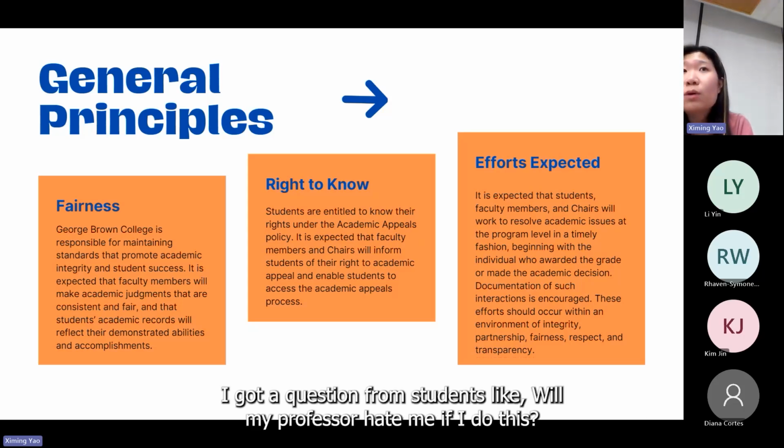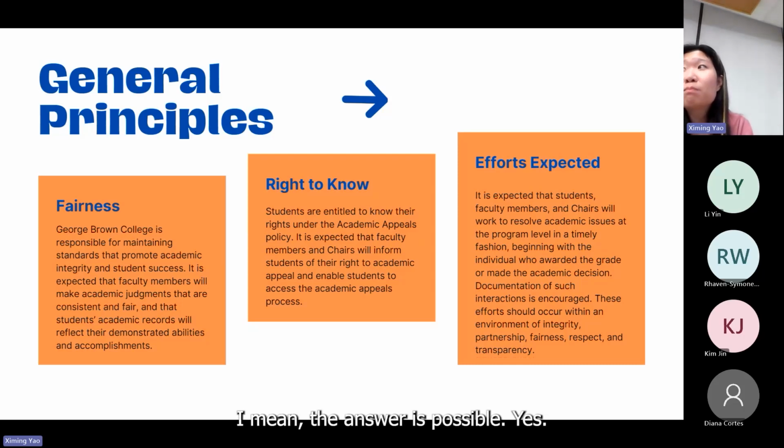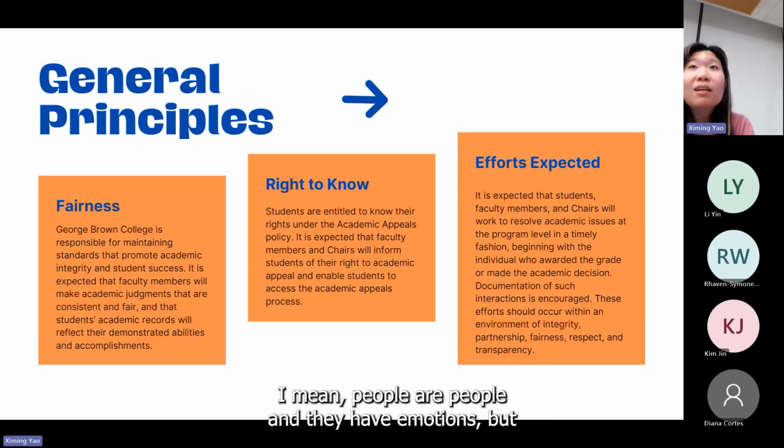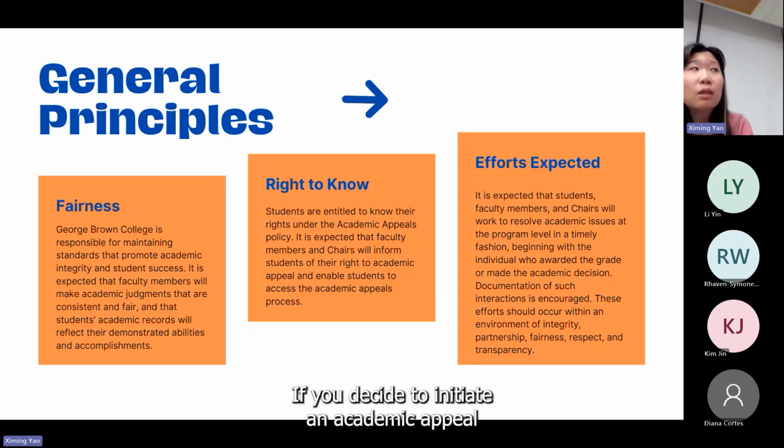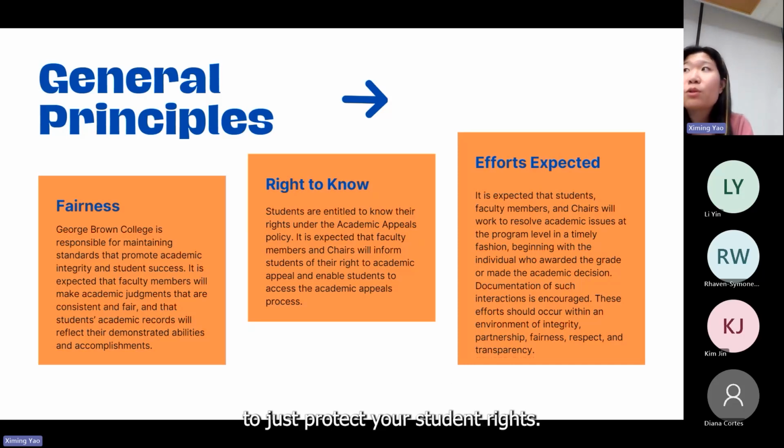Sometimes I get a question from students like, will my professor hate me if I do this? I mean, the answer is possibly yes. People are people and they have emotions, but it would be really unprofessional for them to hold any grudges against you if you decide to initiate an academic appeal to protect your student rights, right?